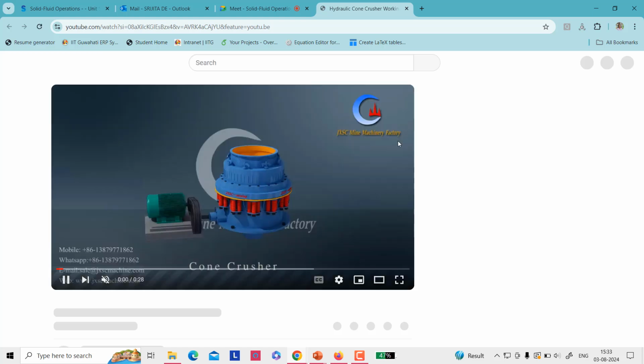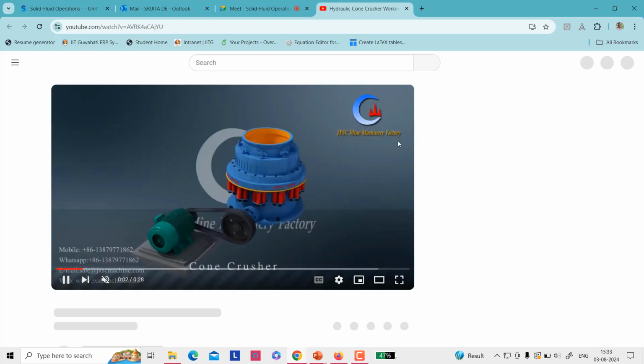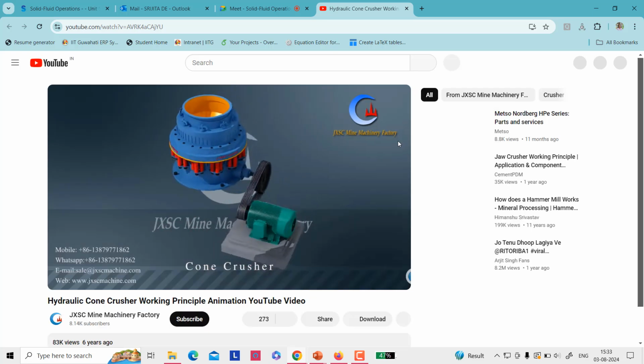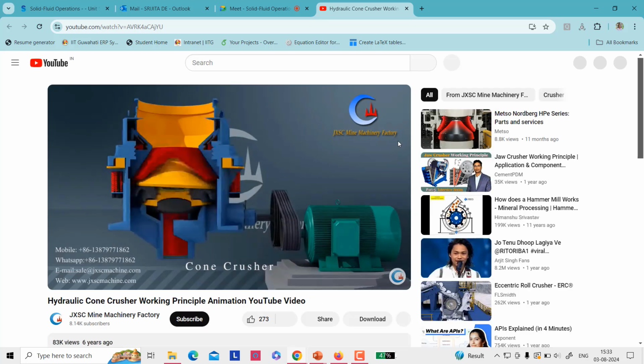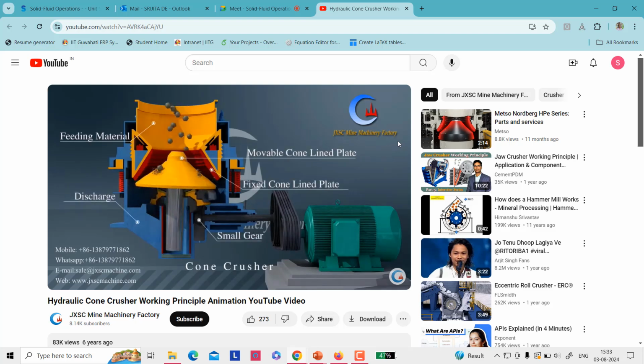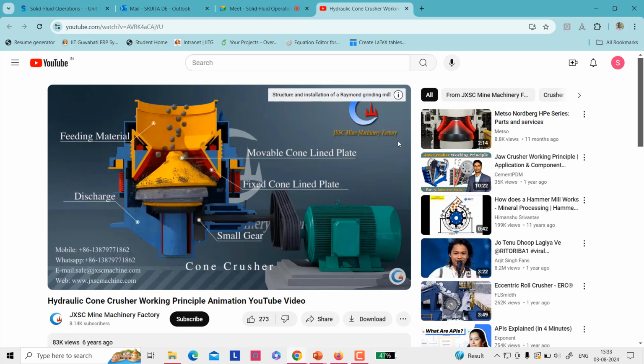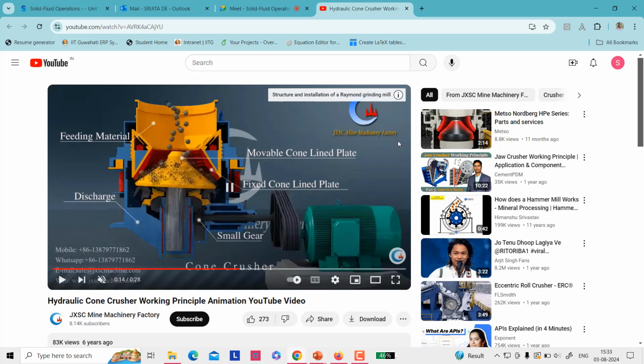This one is the cone crusher. You can see there's a cone kind of shape, a movable cone lined plate, and a fixed cone lined plate, and from the top feed material is coming, and with the help of the movable cone lined plate, the particles are getting crushed, and it is collected in the bottom discharge.